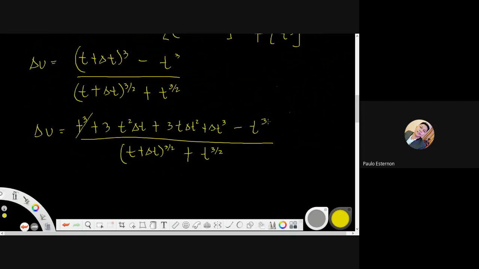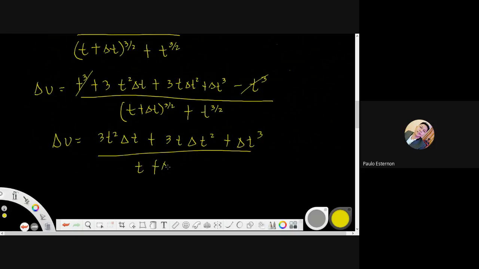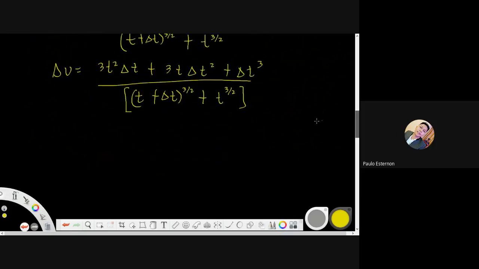So t cubed minus t cubed cancels out and is equal to 0. So now we have delta u equal to 3t squared delta t plus 3t delta t squared plus delta t cubed, all over t plus delta t raised to 3 halves plus t raised to 3 halves. This is our first step, finding delta u.